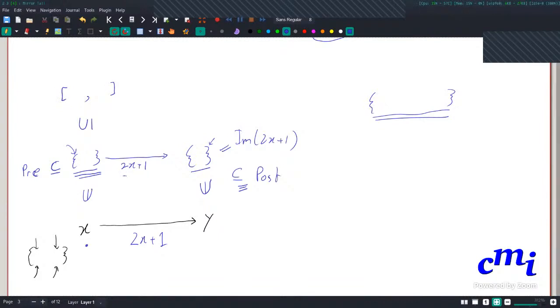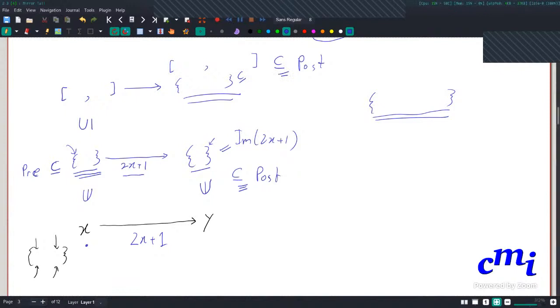Then, in general, my operation 2x plus 1 can take it to, again, some arbitrary set, right? But instead of getting an arbitrary set on the opposite side, we're going to find an interval on the output side which is large enough to contain this arbitrary set, right?